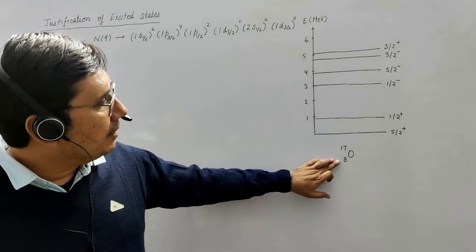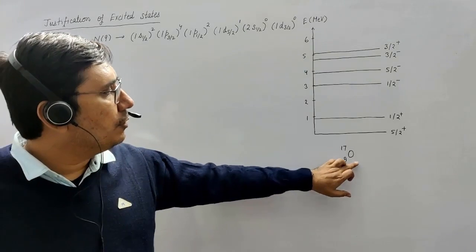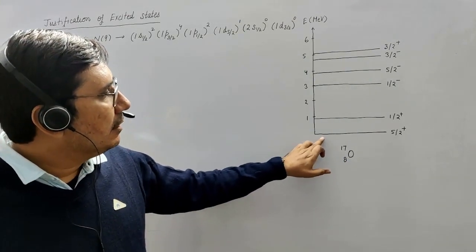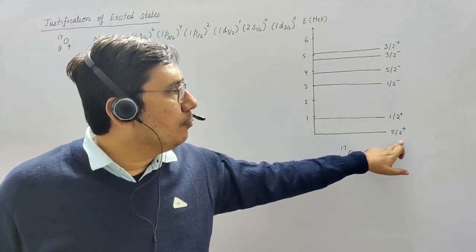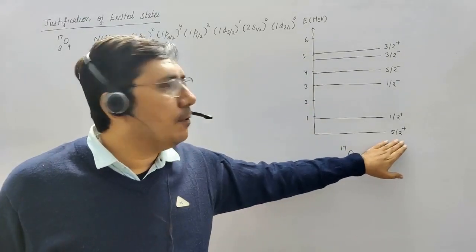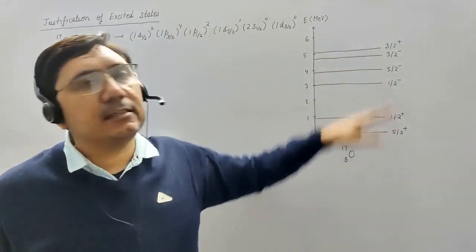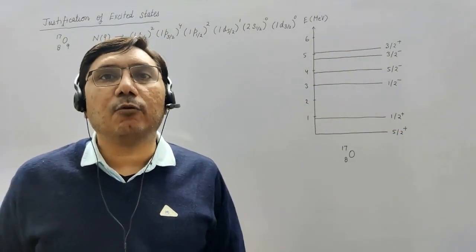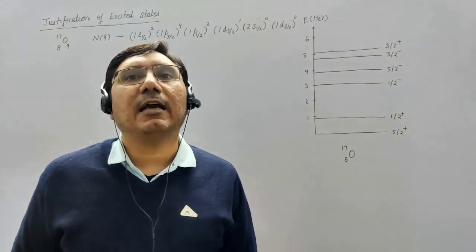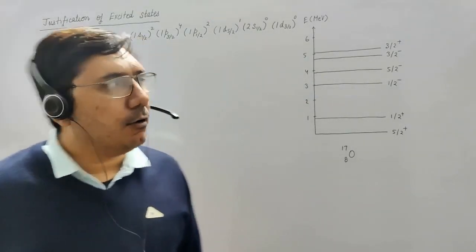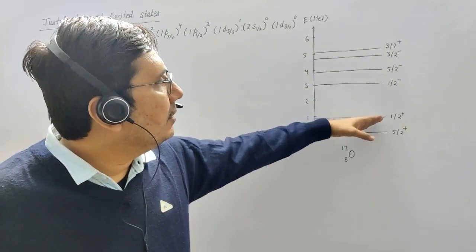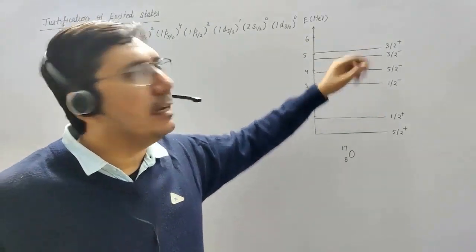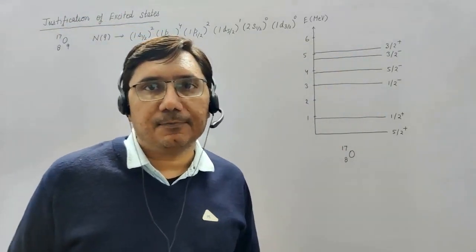For example, if we consider 8O17, then the ground state is 5/2 plus, and apart from this ground state there are various excited states. How can we explain this with the help of the shell model? So the next question is, how can we justify these excited states of the nuclei?